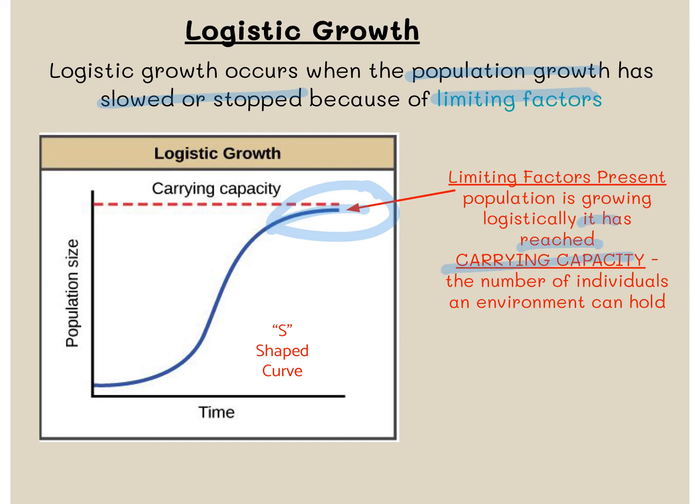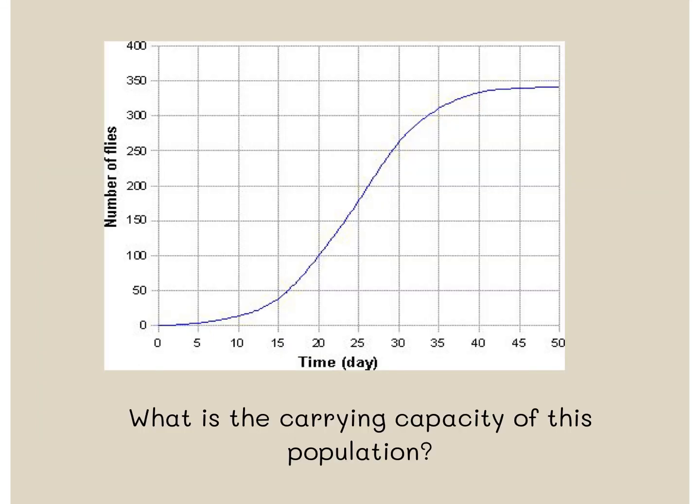And carrying capacity is the amount of individuals an environment can reasonably hold. So, the carrying capacity for this particular population would be in that area that I'm highlighting right there. And we often call this an S-shaped curve because it is in the shape of kind of a funny S. Okay, go to the next slide.